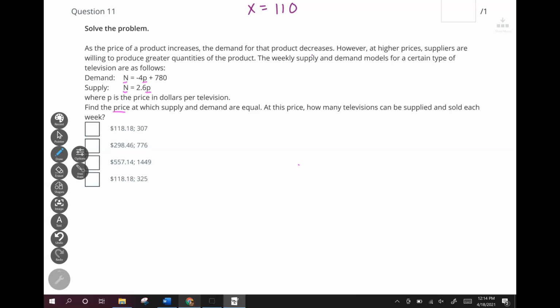So we're looking for P, the price at which supply and demand are equal. At this price, how many televisions can be supplied and sold each week? So we're looking for when the number of televisions demanded would equal the number supplied. So we will set these two equations equal to each other. -4P, okay, I'm going to add that 4P to the other side.